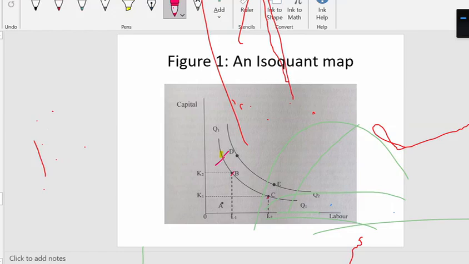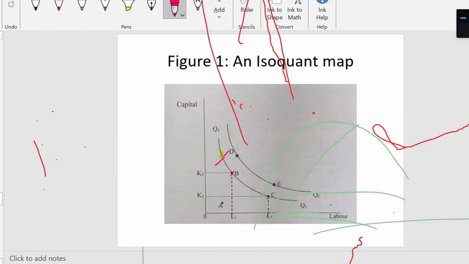In order to produce QB, you need a certain quantity of capital and a certain level of labor, that is L1, to produce level B. And in order to produce C, that means you have to employ level 2 of labor and you have to employ K1. So we have different levels of production, different combinations, producing the same output. That output, we call it Q1.